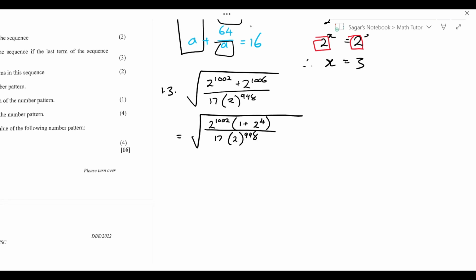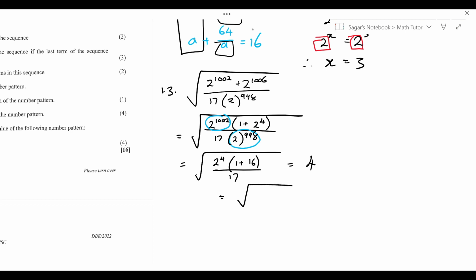Right? These two values can be simplified. So 2 to the power 4, (1 plus 16) all over 17. Right, you put this in your calculator, the answer would be 4.